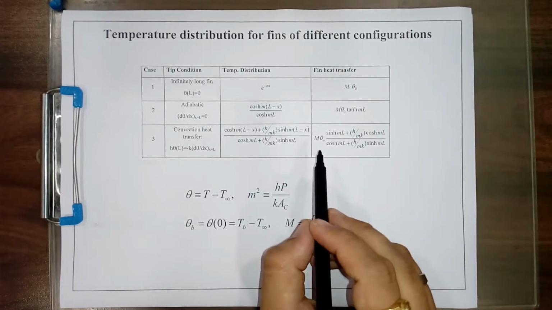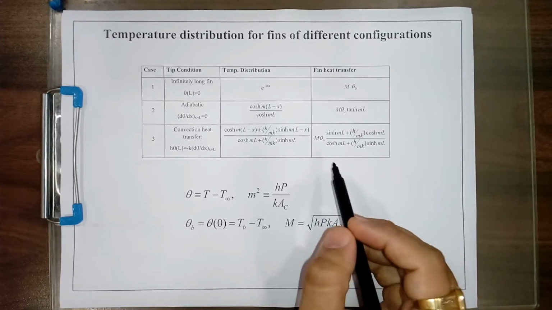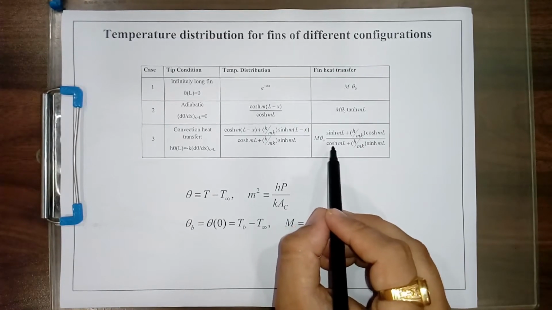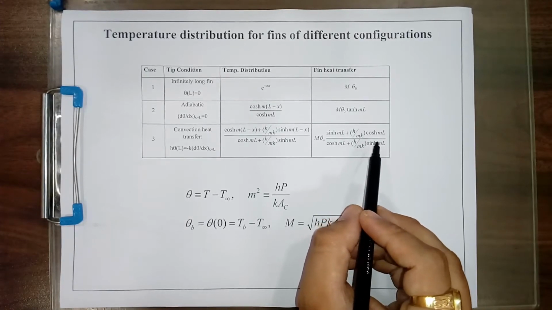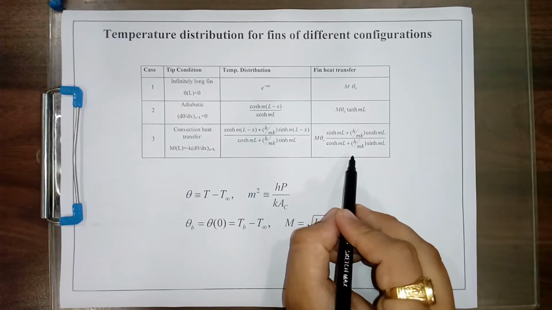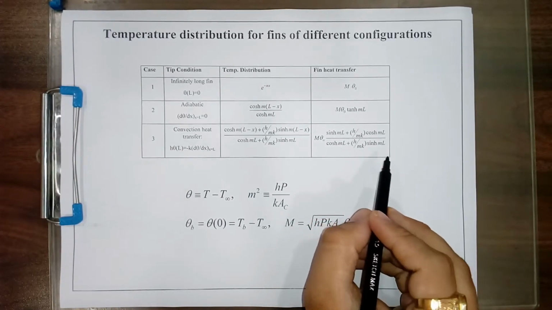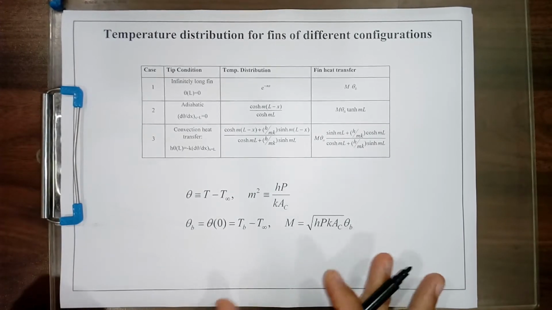Similarly, q fin in the case of convective heat transfer from the tip is m into theta naught into sinh mL plus h by mk into cosh mL, divided by cosh mL plus h by mk into sinh mL. So this is a summary of the previous three lectures.